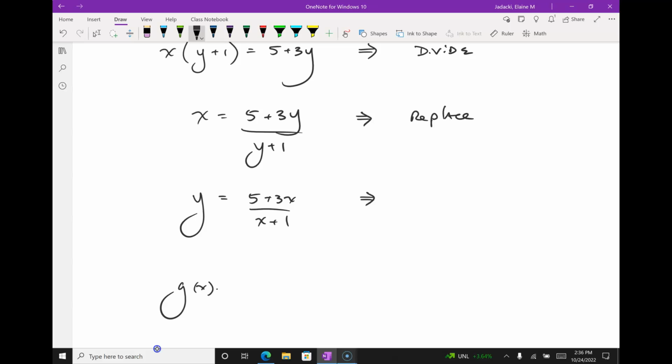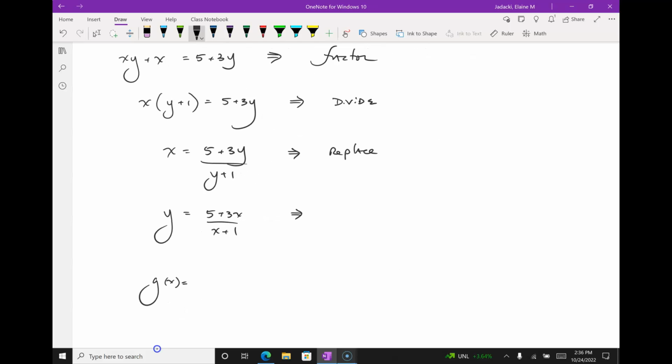Okay, so x is 5 plus 3y. So did you just divide again? Exactly. So this is like some number like 7. So 7x equals 5 plus 3y. Divide by 7. Oh, so once you get to that point, you just reverse that. Exactly. So g of x, which is f inverse of x, is 5 plus 3x over x plus 1.